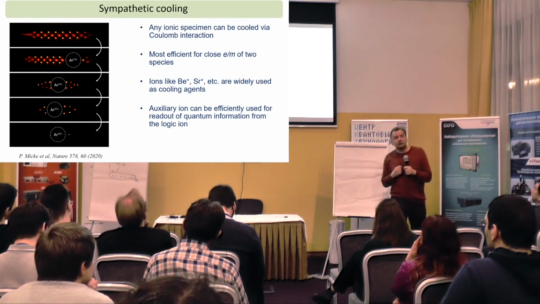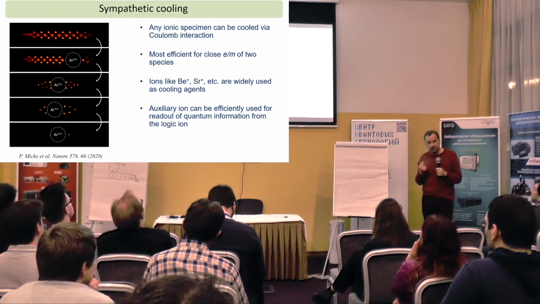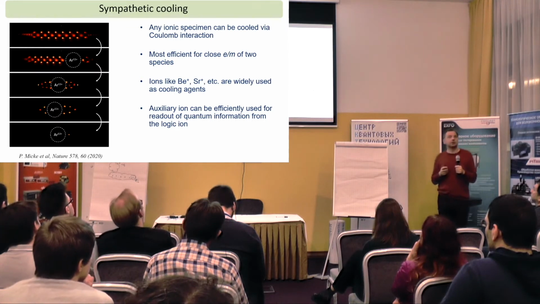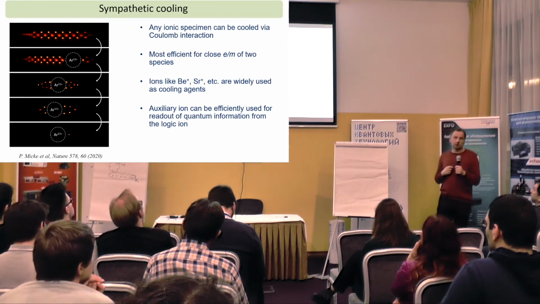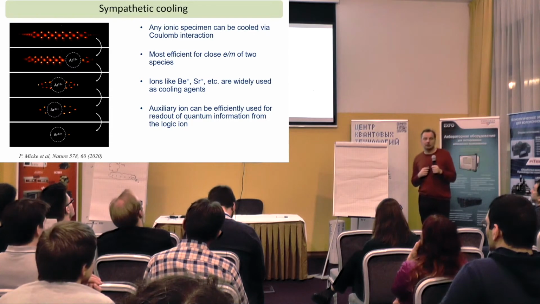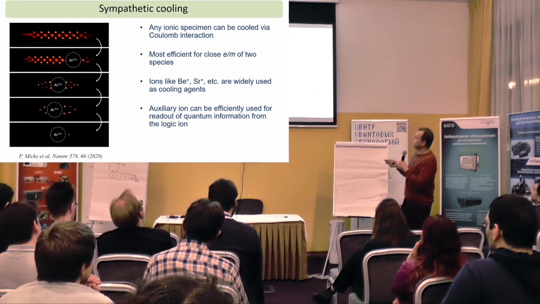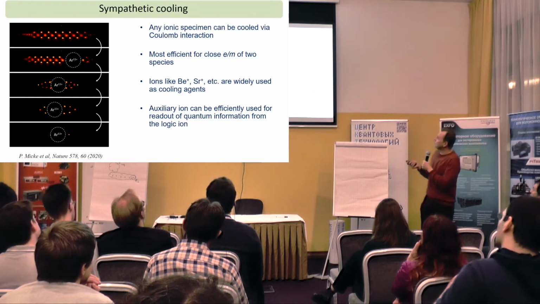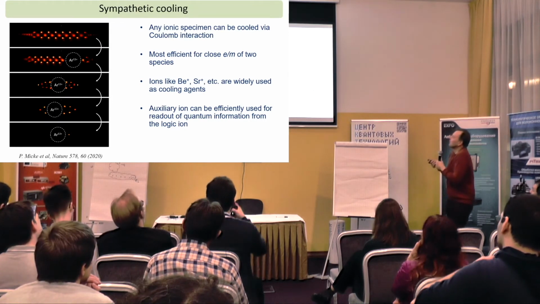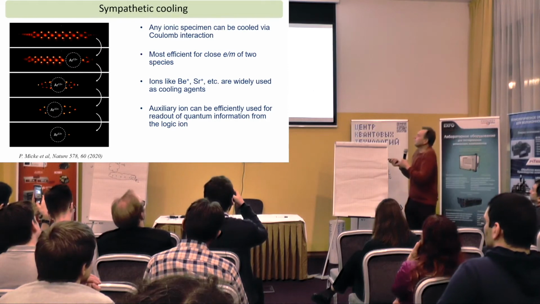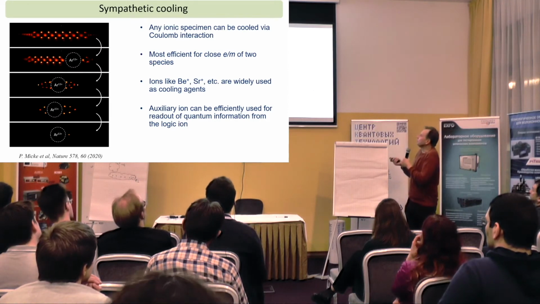There is another interesting approach to manipulate ions, so-called sympathetic cooling, which also works partly in neutrals, but for ions it's even more prominent. For example, this is one of the very last papers, and I like this paper, published by PTB colleagues in Nature very recently.